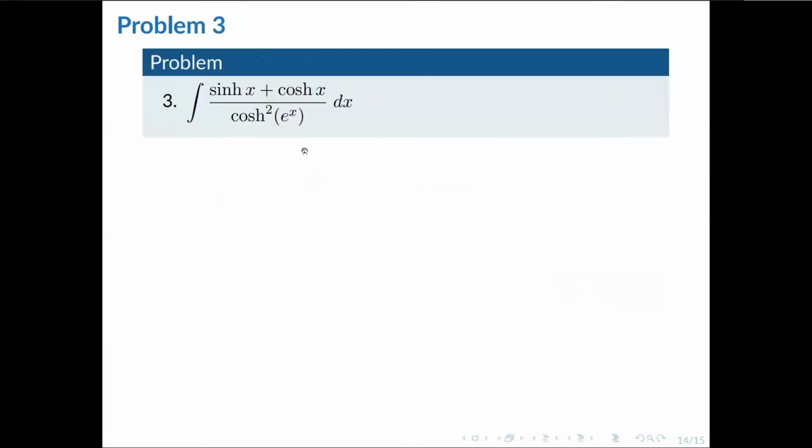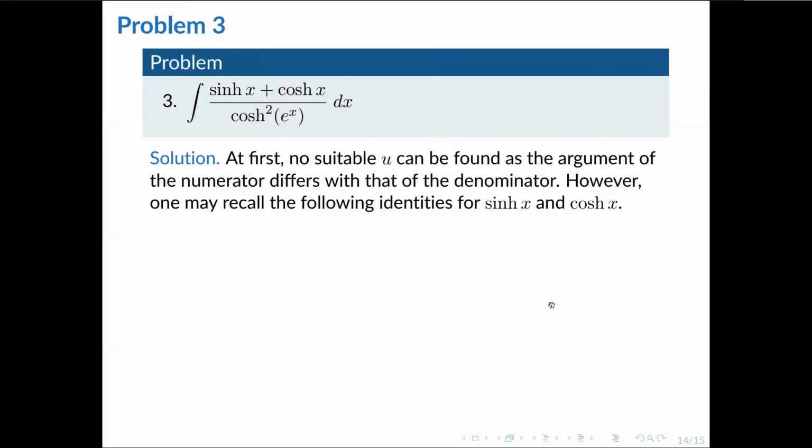For problem 3, we are given an integral of hyperbolic sine x plus hyperbolic cosine x all over hyperbolic cosine squared quantity e raised to x dx. At first, no suitable u can be found as the argument of the numerator differs from that of the denominator. Yung argument ay for the numerator ay x, then sa denominator naman ay e raised to x.